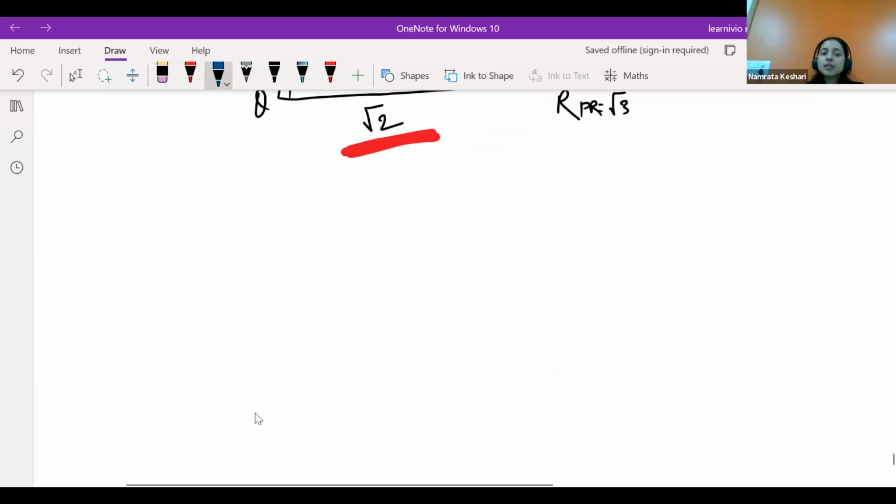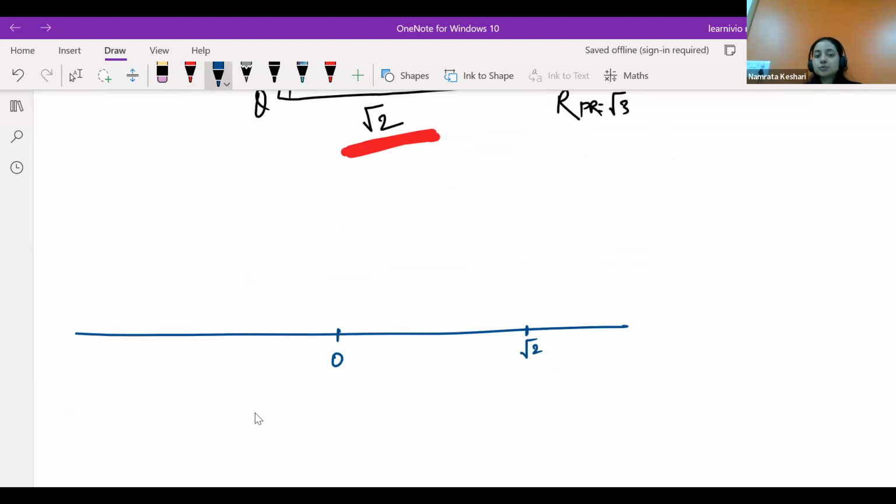Suppose this is the number line, and you have located from here to here the place of root 2. Okay, this is 1, this is root 2. Now you made an arc over here. Again you repeat the same process. Here you drop a perpendicular of 1 unit and then join like this.